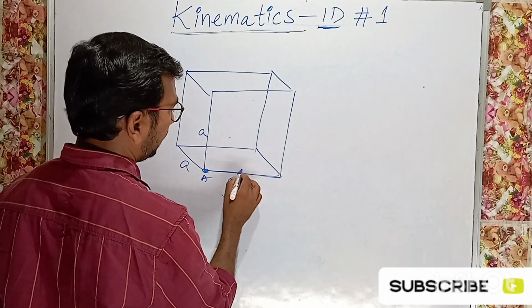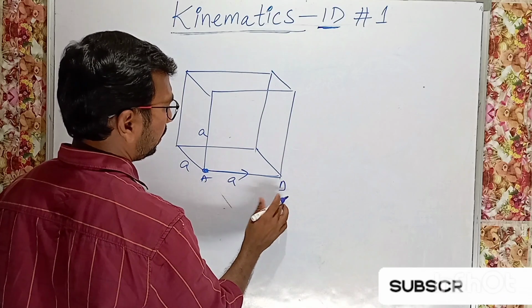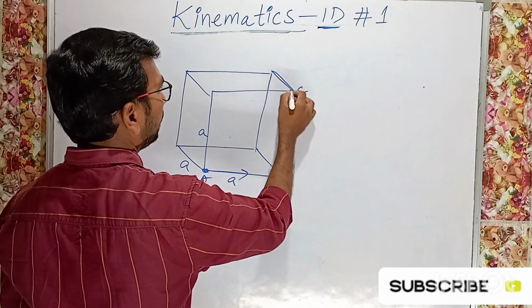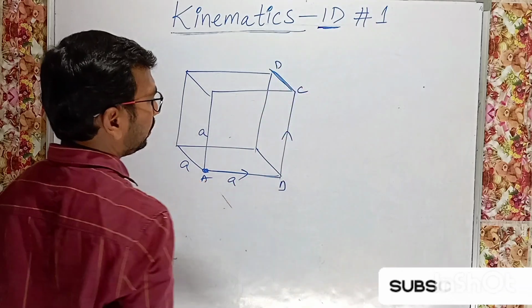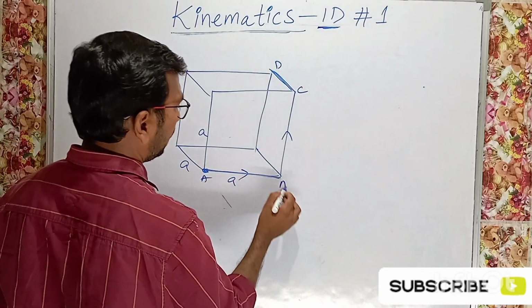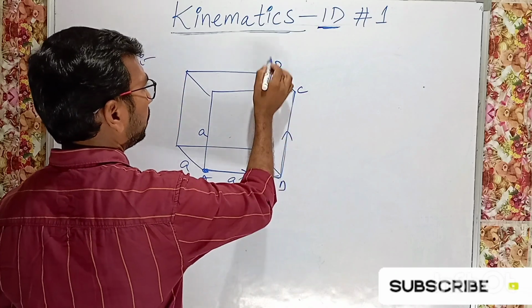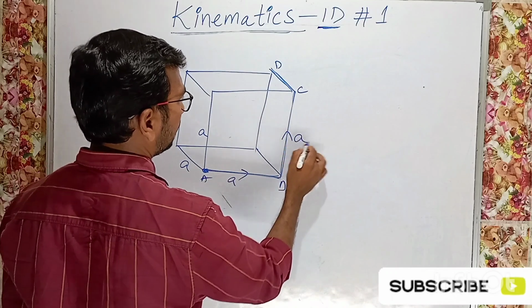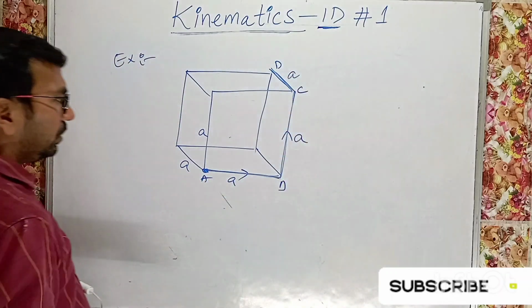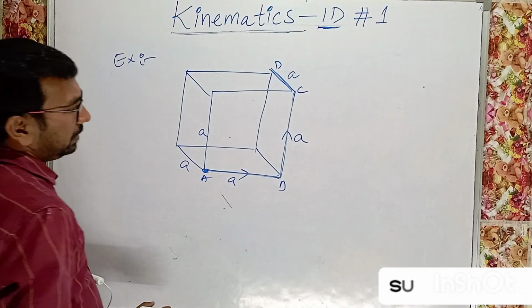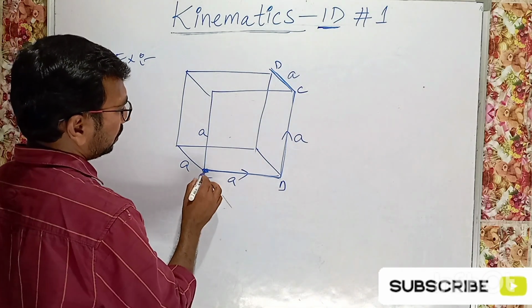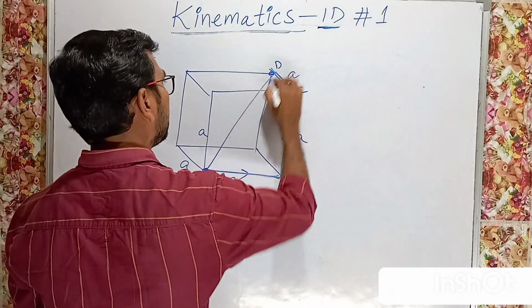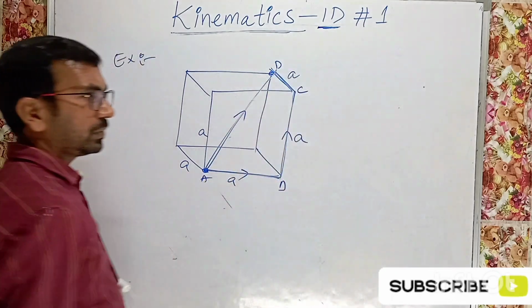This is A to B, and then B to C, and then C to D. All sides are A only. So you can find out what is displacement. Displacement means this is the initial point, this is the final point. So this is displacement.